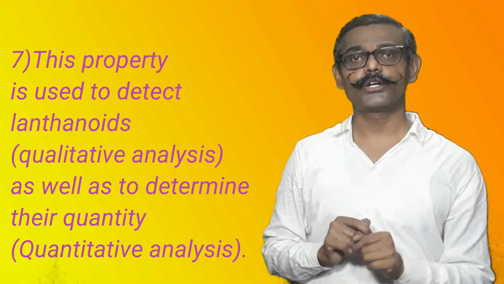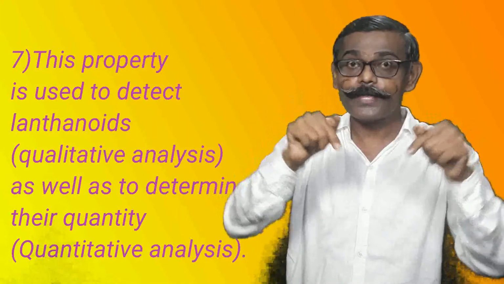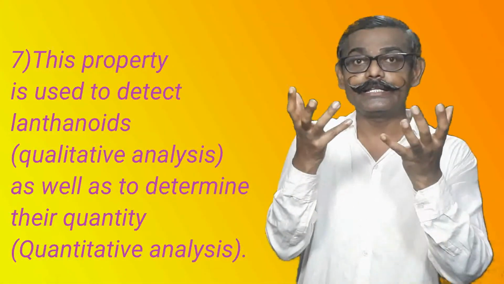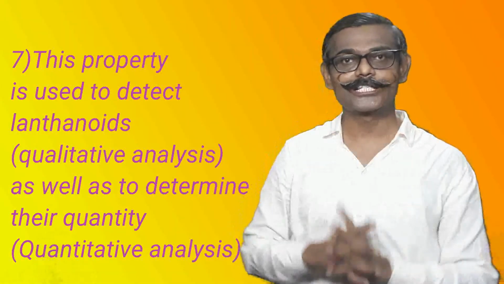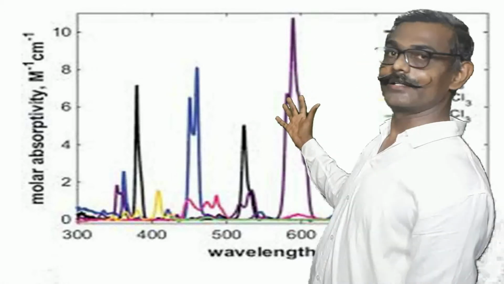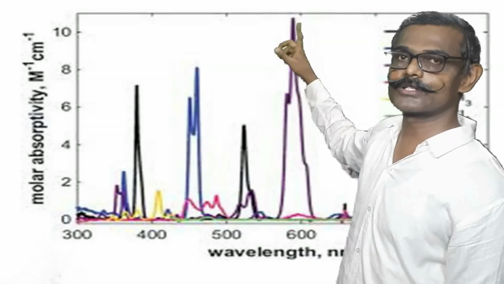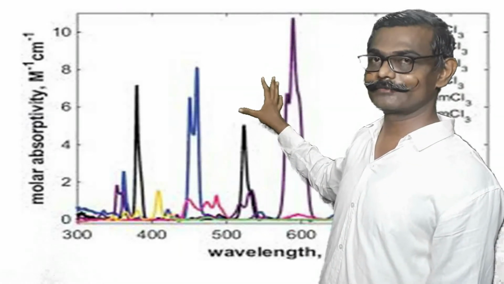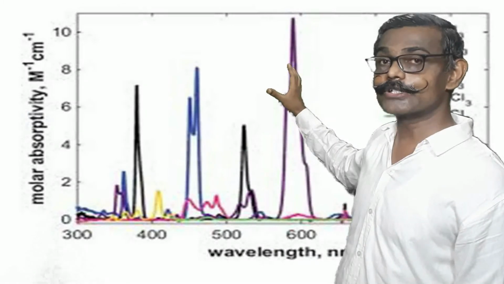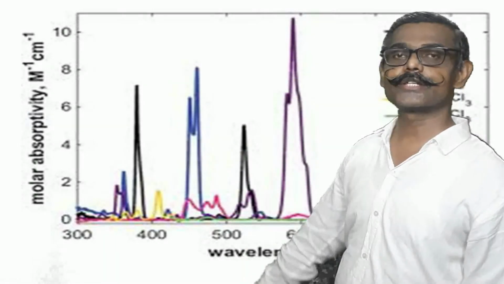And quantitative means how much quantity of that particular ion is present, which we can find out only because of absorption spectra. Now point number 8, see how the spectra are: needle-like, sharp absorptions. This is a characteristic property of lanthanoids. When you study applications, you will understand; these lanthanoids are used in goggles.